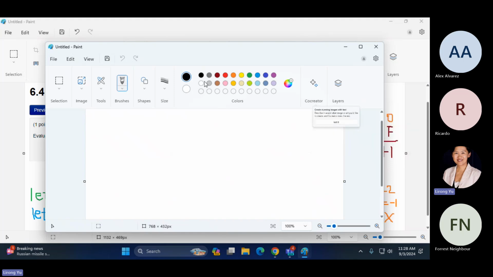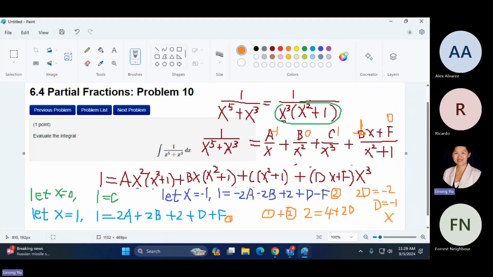So basically, we get to rewrite the integral of 1 over x to the 5th power plus x cubed dx. Turns out the coefficient of 1 over x is -1. The B coefficient is 0, so we don't have to have that term.